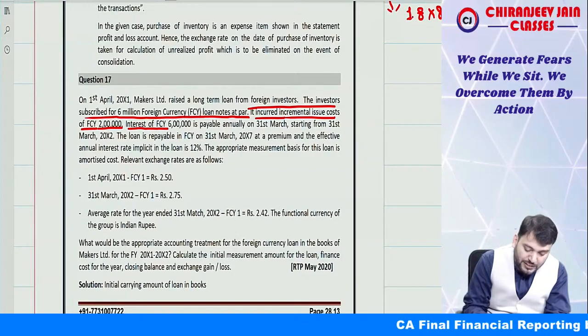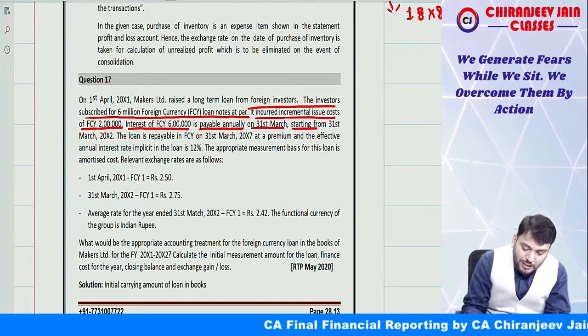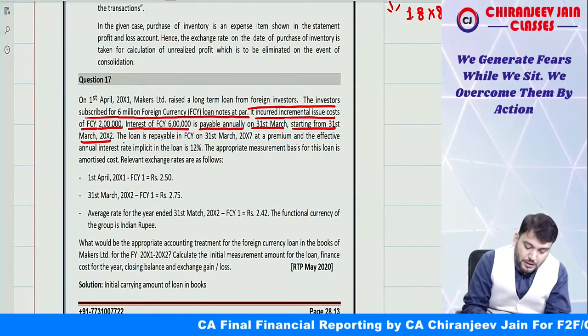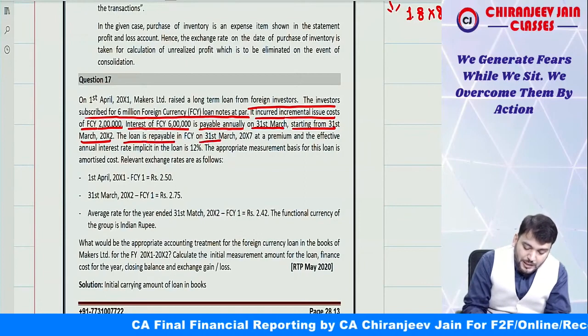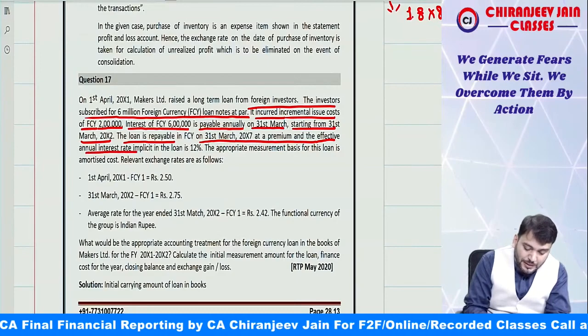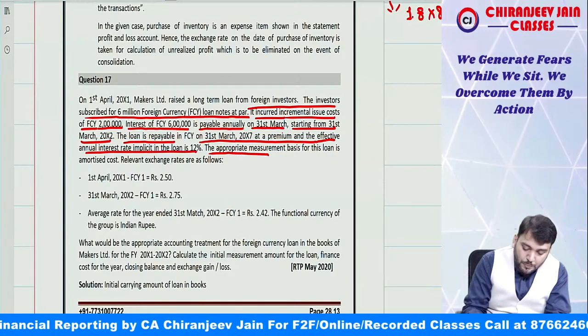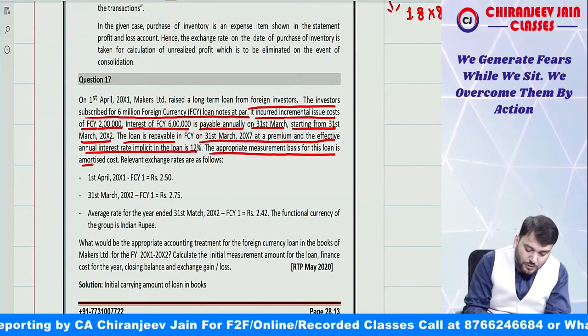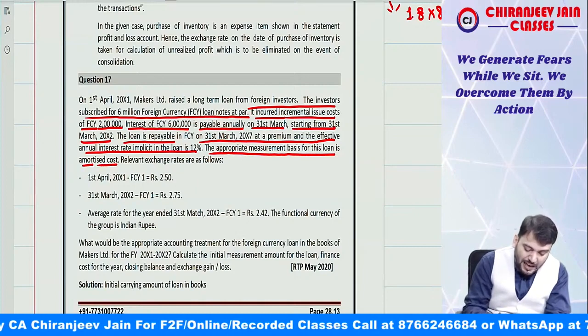Interest of 6 lakh is payable annually on 31st March starting from 31st March 2002. The loan is repayable on 31st March 2007 at a premium and the effective annual rate of interest is 12%. The appropriate measurement basis for this loan is amortized cost, that means the EIR.